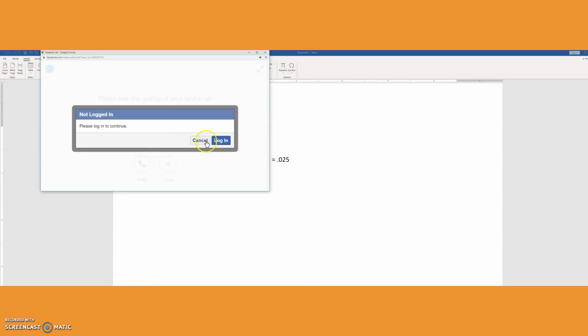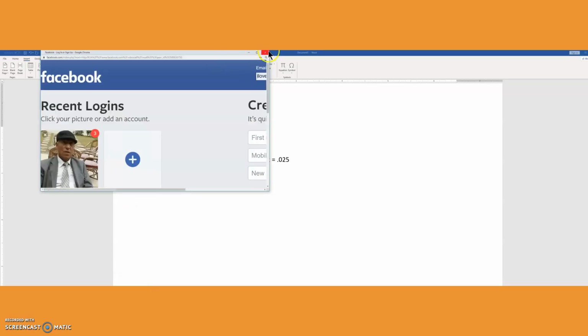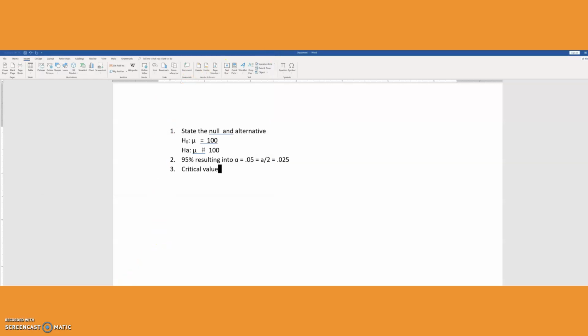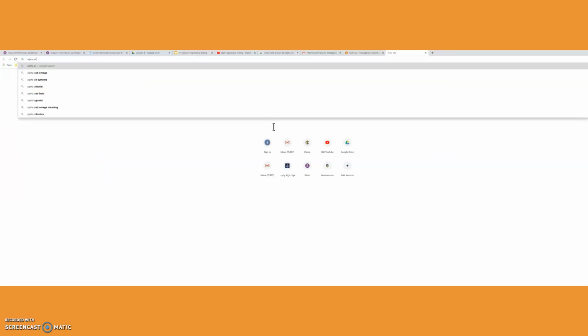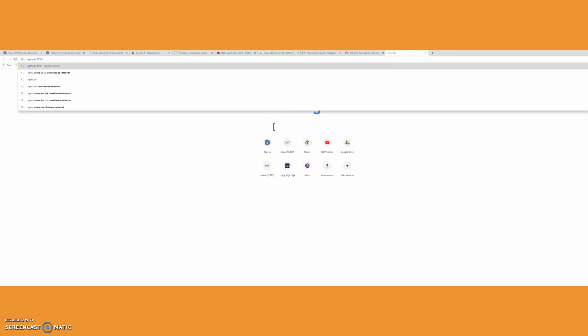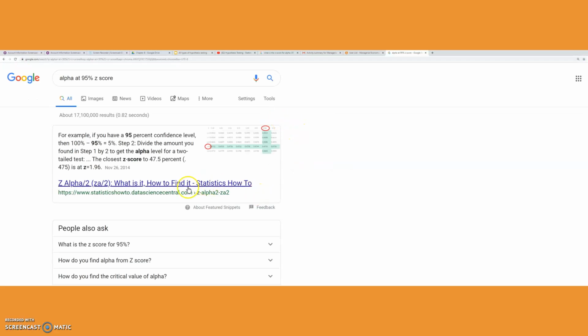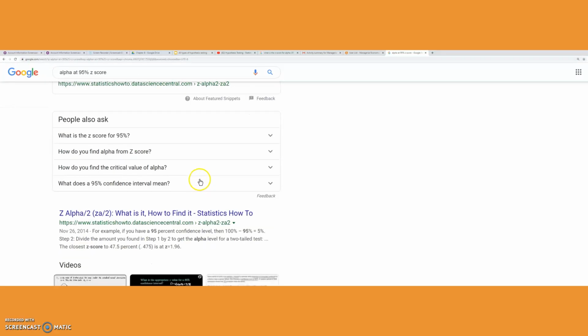I could shift that to Google directly, and as you will see here, I could look it up. I could type alpha at 95% confidence interval and z-score. In no time, you'll be able to find this. Basically, here we go.